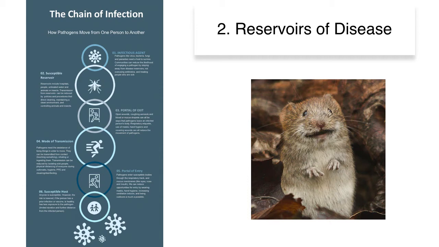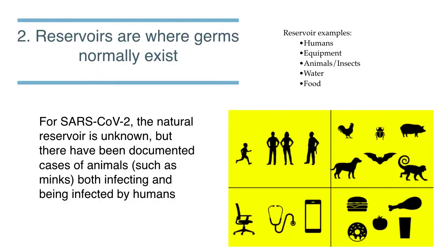Well, unfortunately, rodents can be terrible reservoirs of disease. And that means that that's a place in nature where the pathogen exists. And then when the animal or whatever it is comes into contact with humans, then unfortunately we can have an outbreak of disease or a new crossover of a disease from an animal into a human.